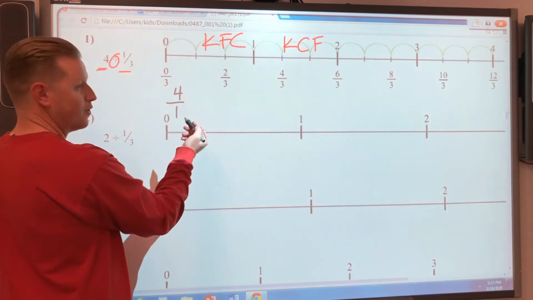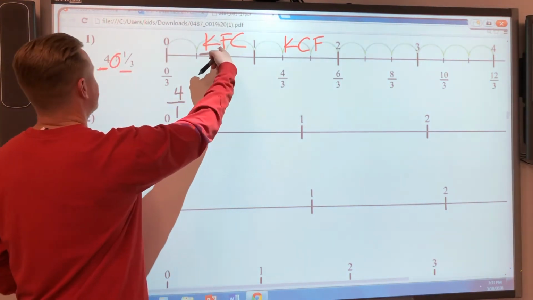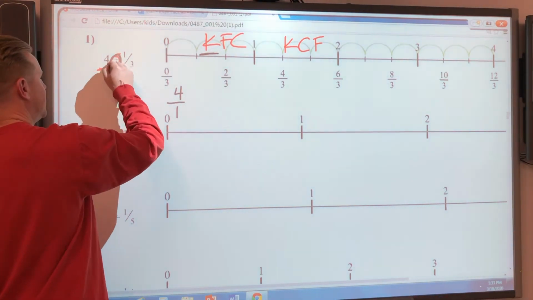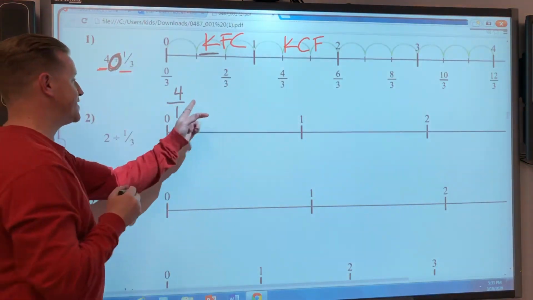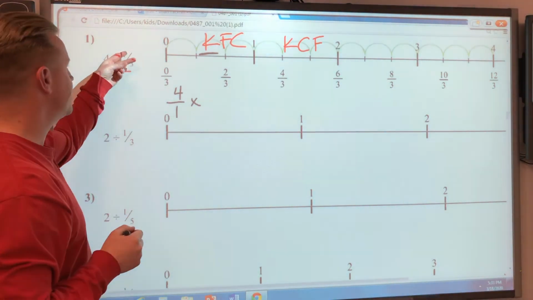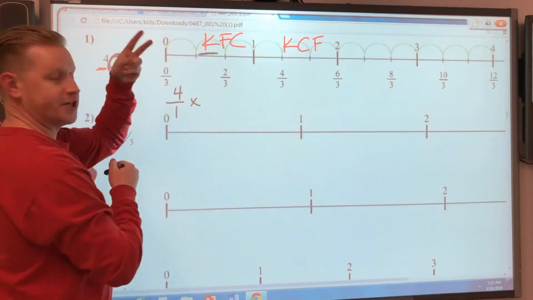On paper, 4 over 1 is 4 whole. That is our keep. We are going to keep that. Now we're going to flip. Second step. We are going to flip this or change it. Change the division or flip it to a multiplication. If we are doing that, then we change or flip the fraction.